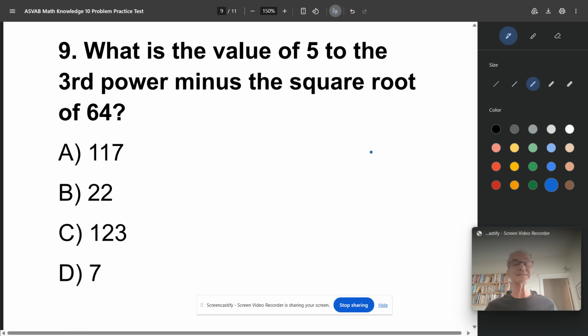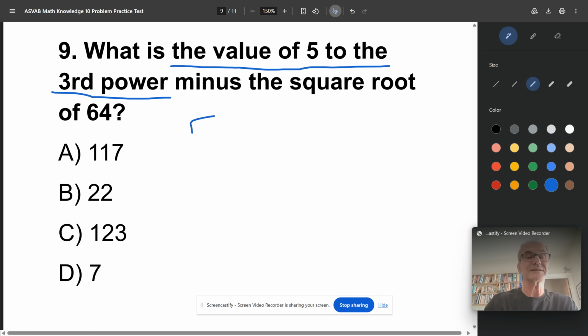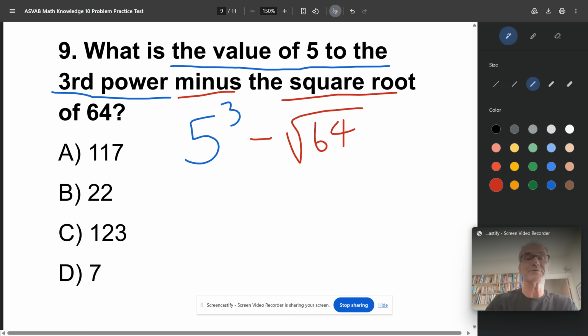Okay, number 9. Give this one a try right here with the video paused. This one's hard because you really got to convert all of these words into an equation. What is the value of 5 to the third power? That looks like this. 5 to the third minus, that's the subtraction sign, the square root of 64.